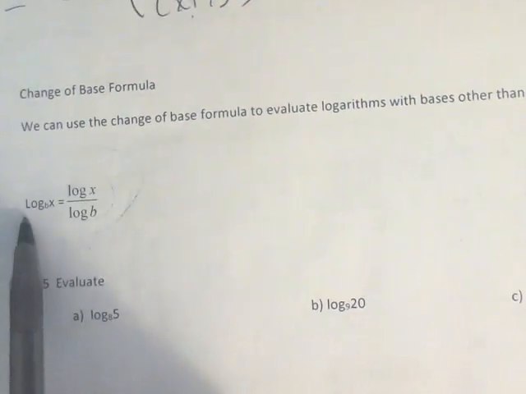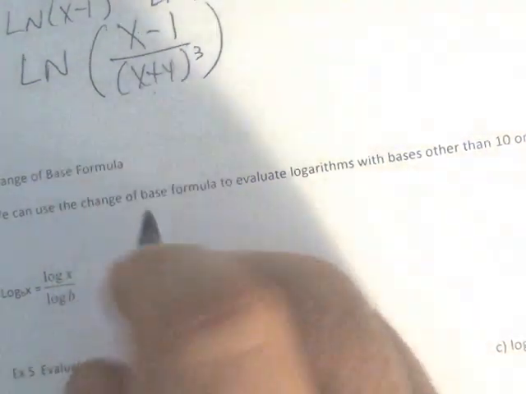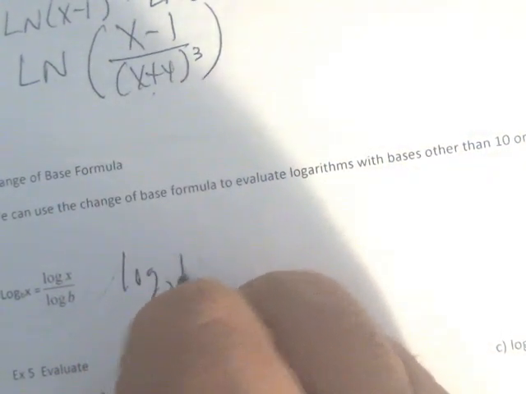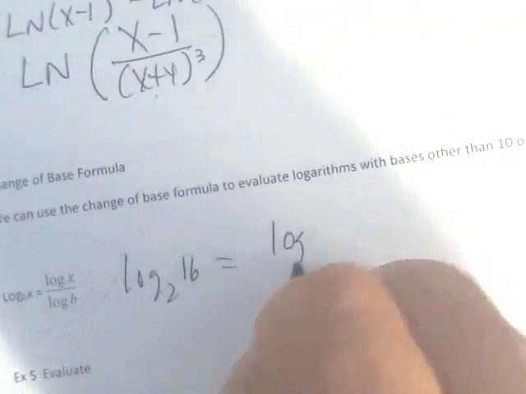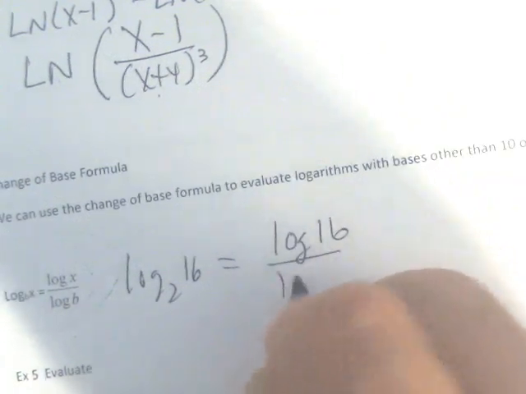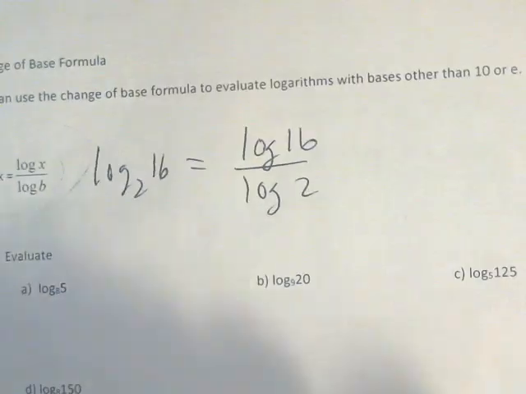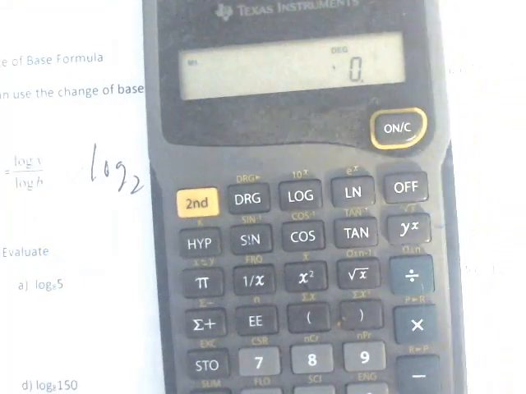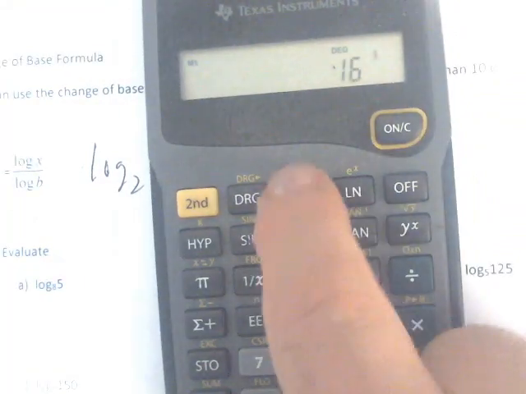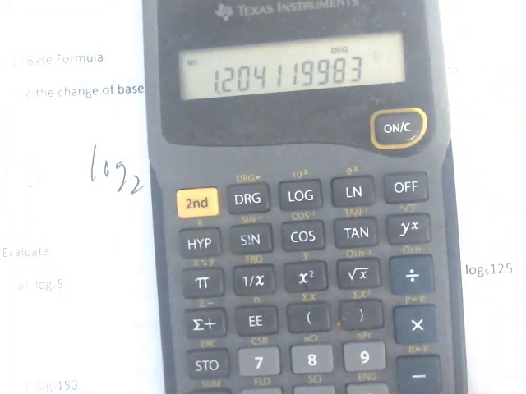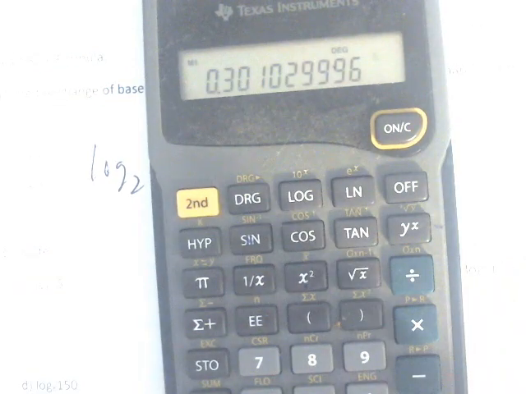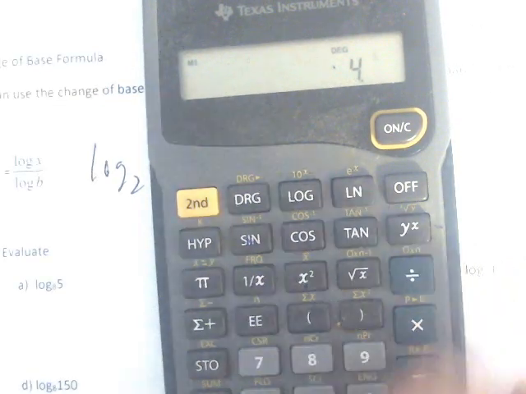Well, here's your change of base formula. So, for instance, for that one we did earlier, if I wanted to find out what that number was, I take the log 16 divided by log 2. Now, on this calculator, I got to do everything backwards. So I do 16 log divided by 2 log, and I got to hit equals, and I get 4.